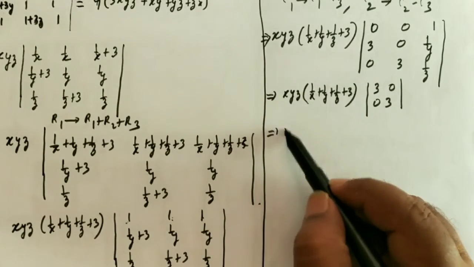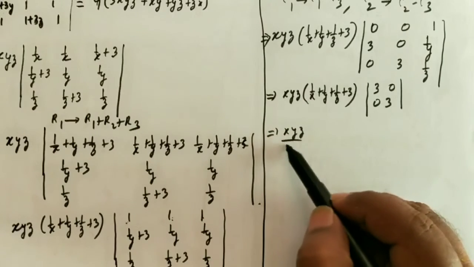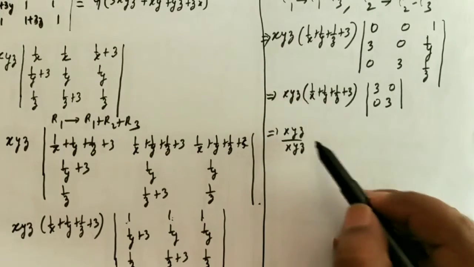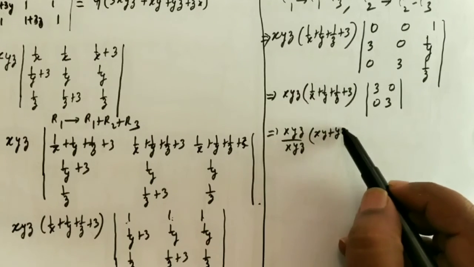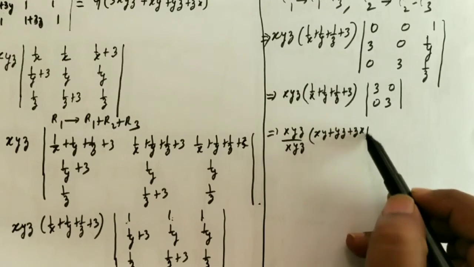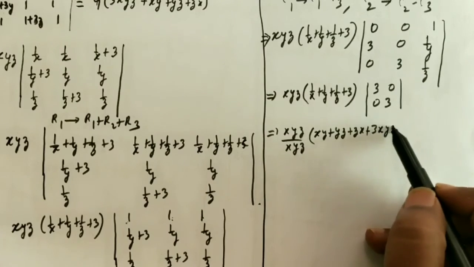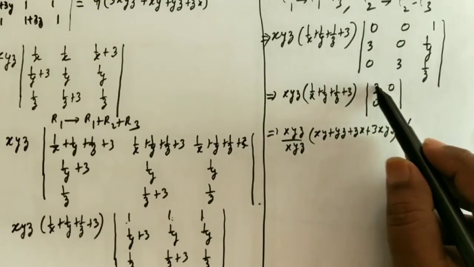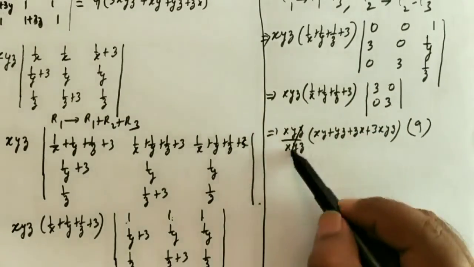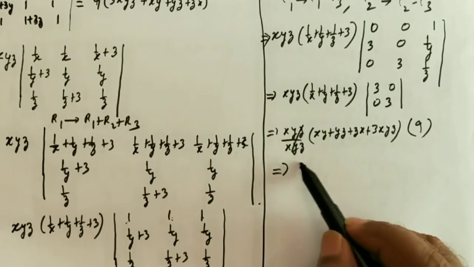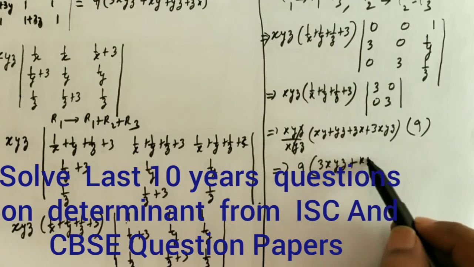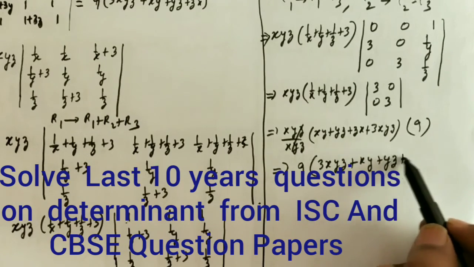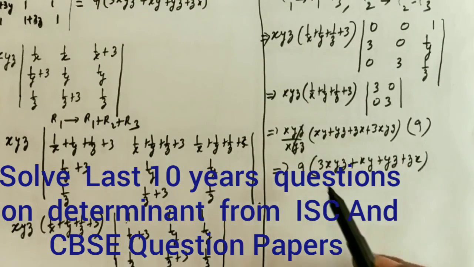Here x, y, z, I'll take x, y, z common, then here I get xy plus yz plus zx plus 3xyz. And here on same 3, 3 is the 9. Finally, I get the answer 9 into 3xyz plus xy plus yz plus zx. This is proved.